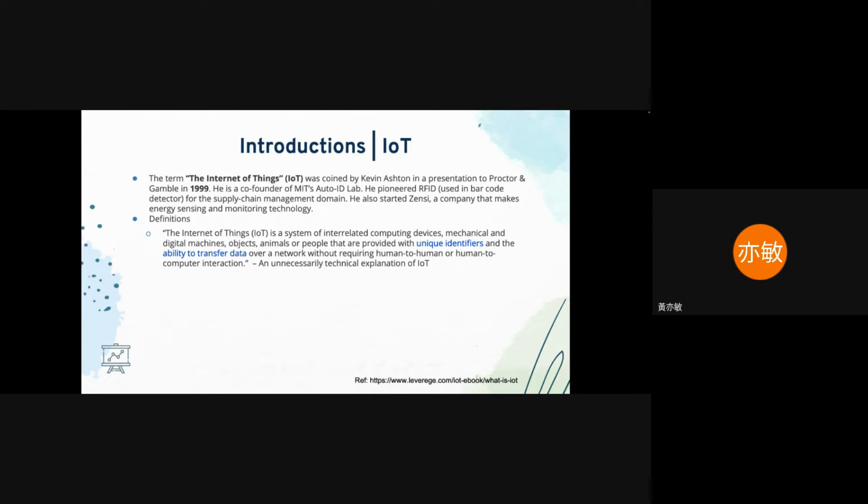By definition, I think there is one definition I would like to share. The IoT just provides unique identifiers, and each identifier can communicate with each other to transfer data over a network. So again, here we emphasize the internet. I would say internet is another word for network.